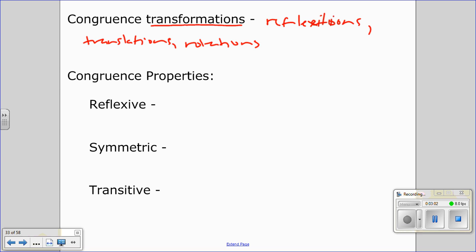In other words, your shape will not change size or orientation. It just flips across a line or slides across or turns a specific way.